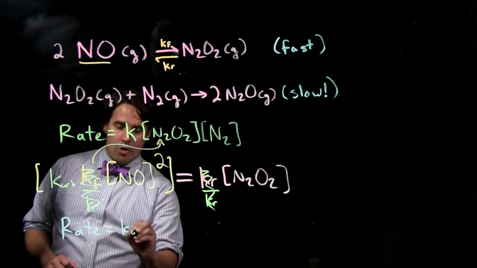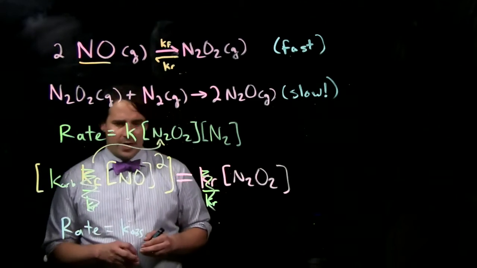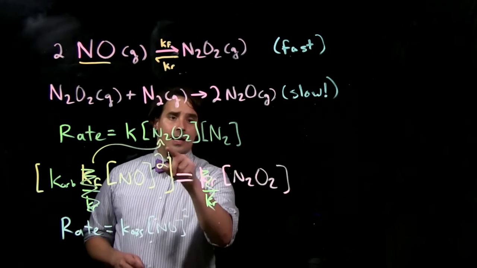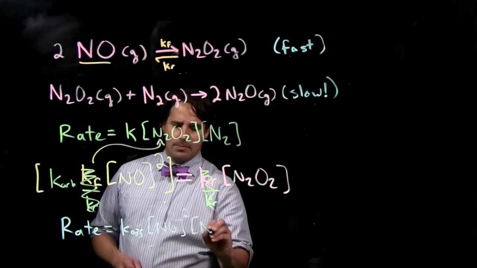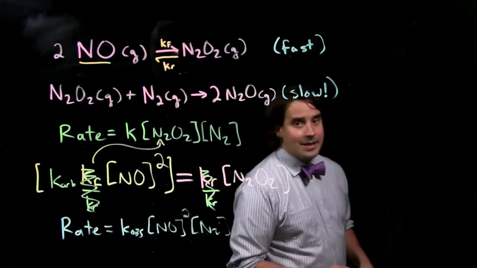I'm going to call it k obs for observed. Sometimes you'll see that. And then we've got NO squared times, and the N2 didn't go anywhere, N2. And that is a good rate law.